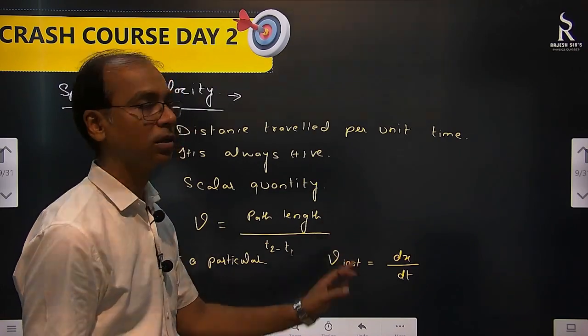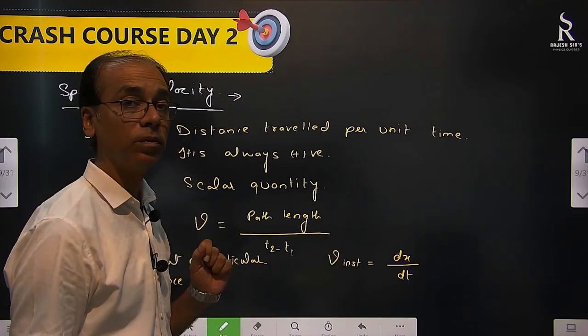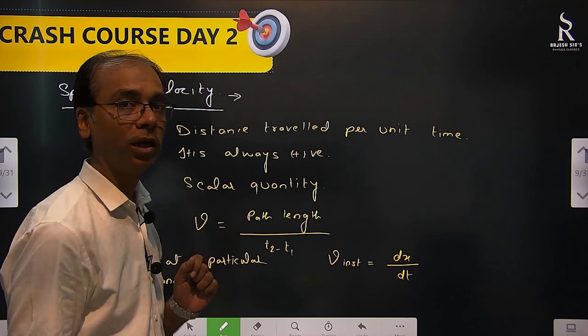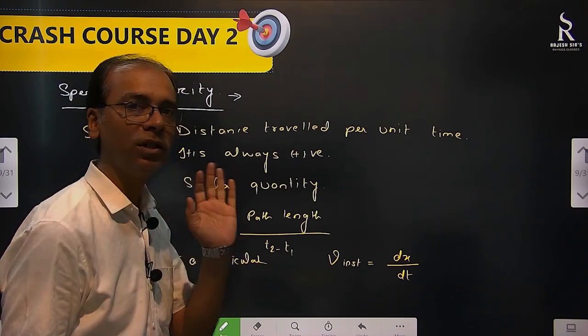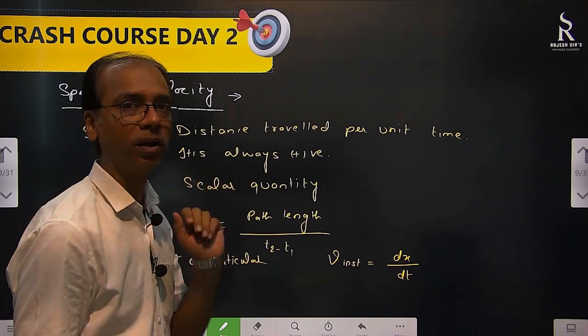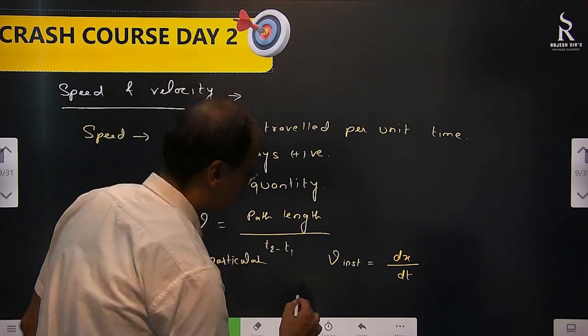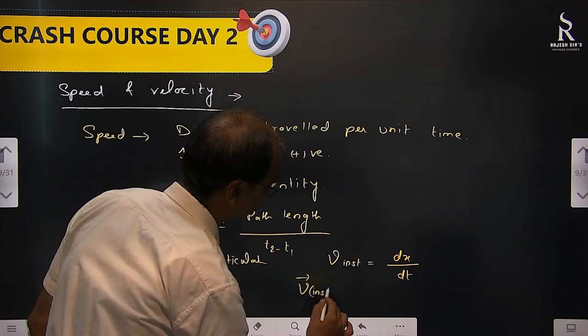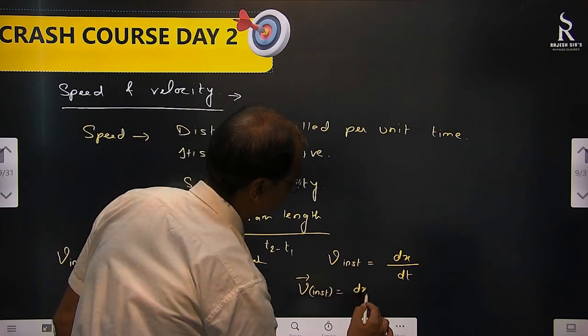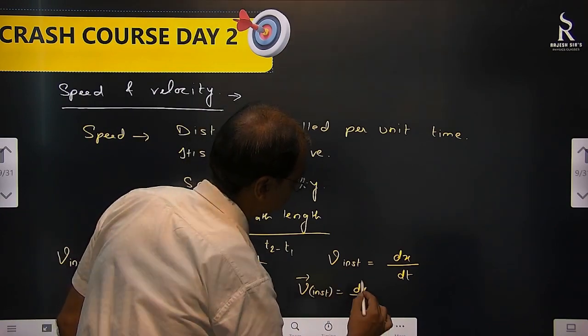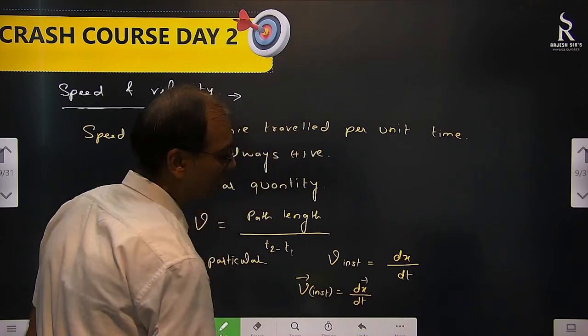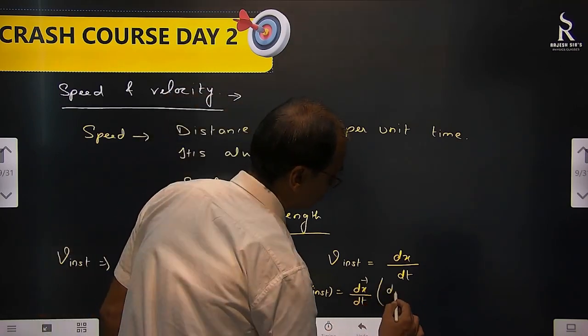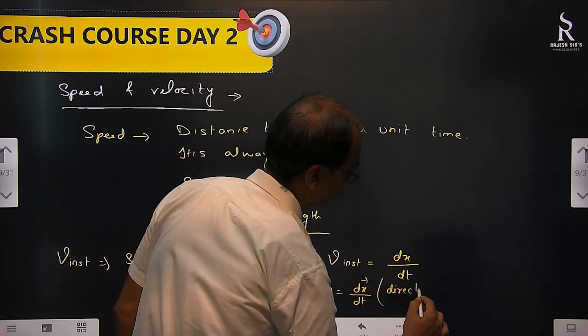Instantaneous speed, instantaneous velocity. But velocity is a vector. What will be the direction? The direction will be along the path length, along the path. So instantaneous velocity, if I am writing, it's also dx by dt, same, no change. But this arrow represents the direction along the path.